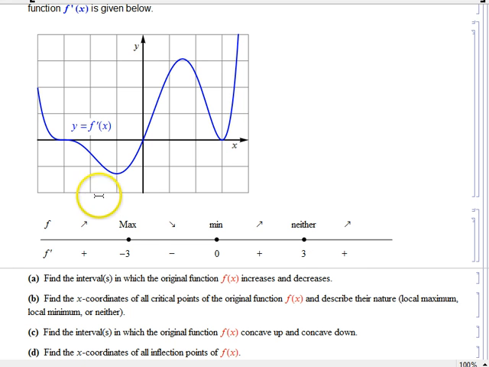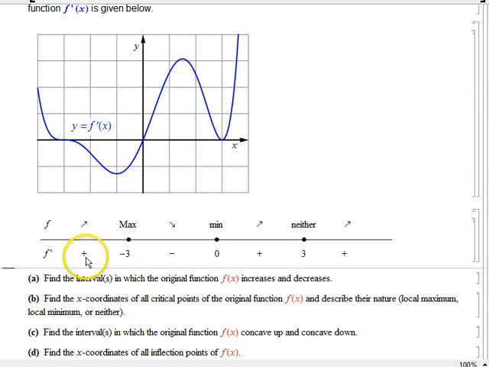So by looking at the crossing or touching points, we got the critical points, -3, 0, and 3. Only the x-coordinates matter. And then let's look at the sign of the first derivative function by looking at the location above the x-axis versus below the x-axis.